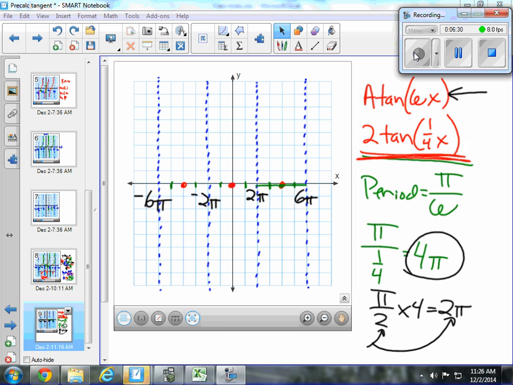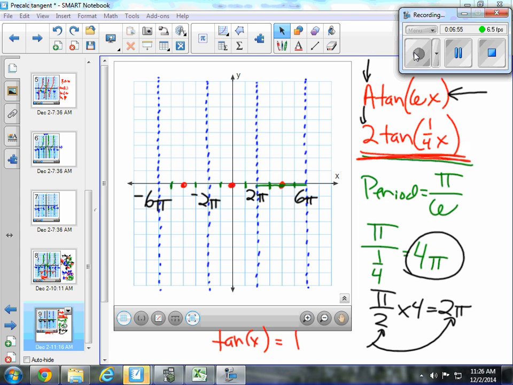Well, in the graph of tangent x, my 45-degree points, my y value was 1. But now I have a function that has an a, and that a is 2. It's outside the function. That multiplies times my y values.